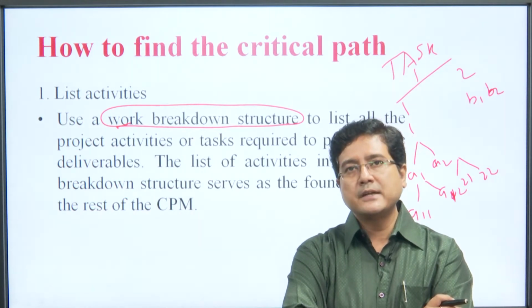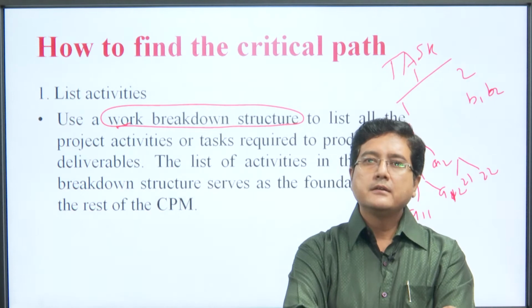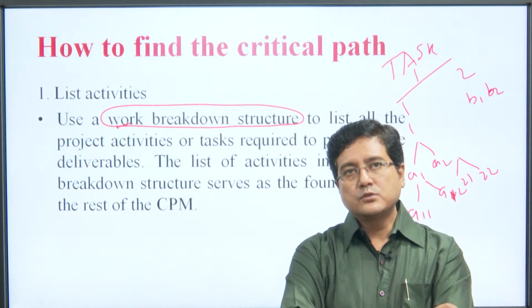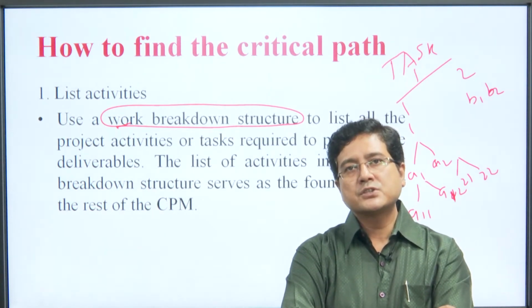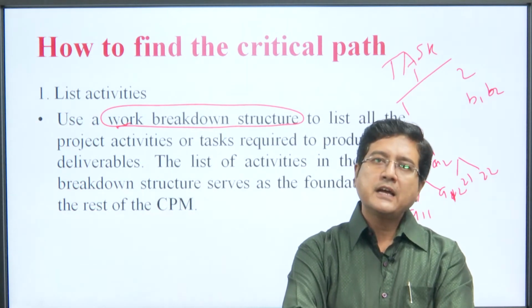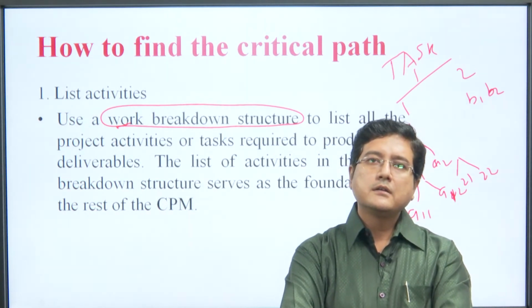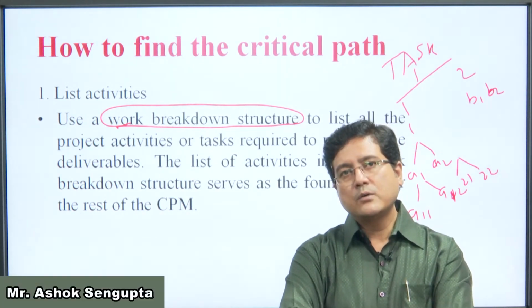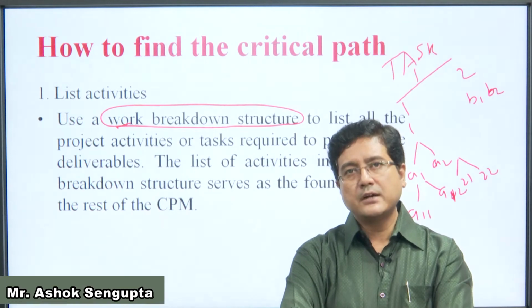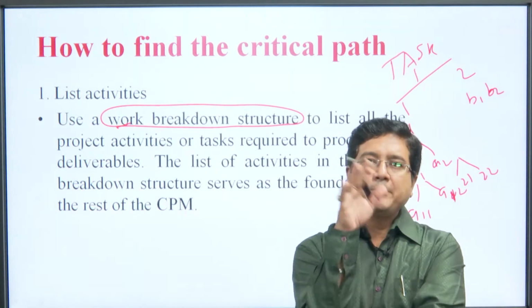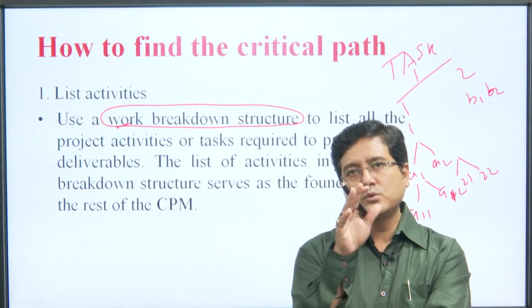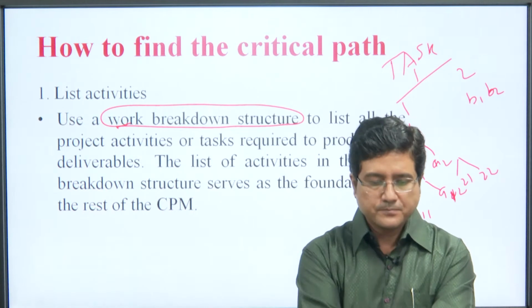Similarly, in CPM and PERT we have the list of activities. So if we did the breakdown structure properly, we already have the listed activities, and we need to put them in the CPM chart. Then we can make a better chart for every activity, followed by 1 to 2, 2 to 3, 3 to 4, etc.